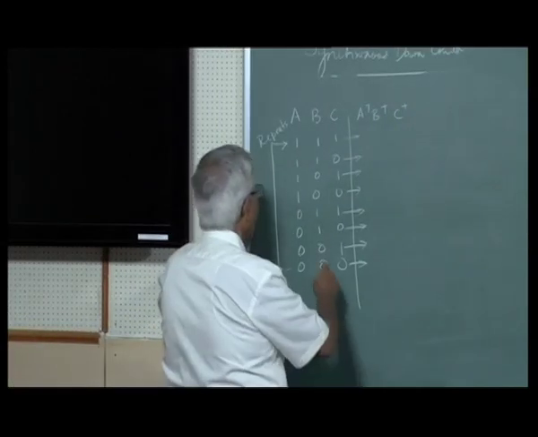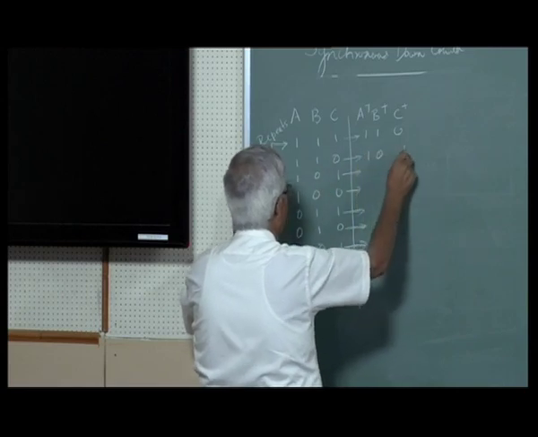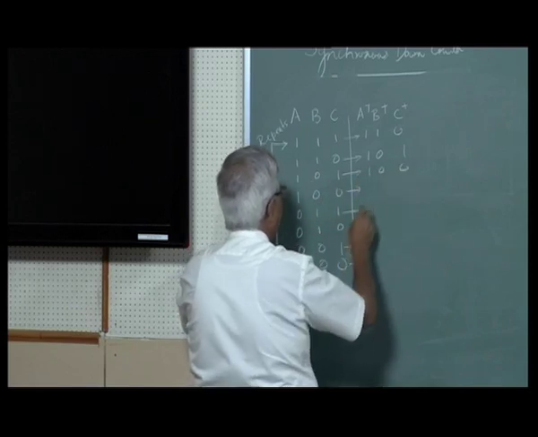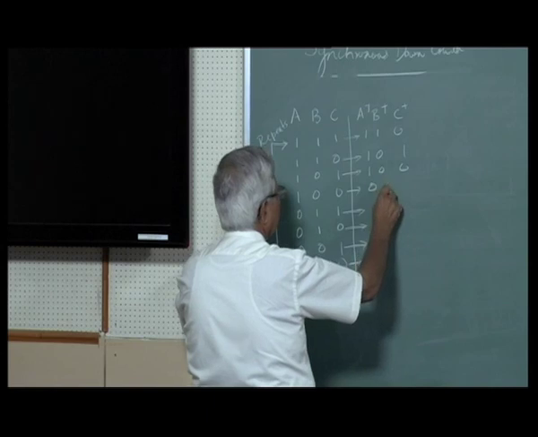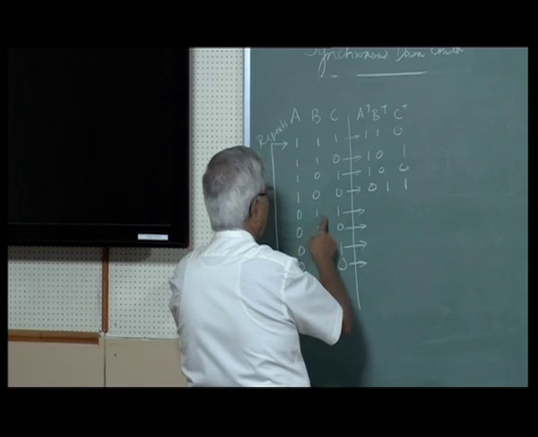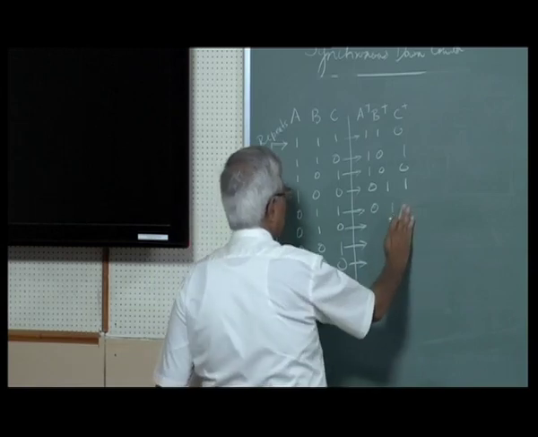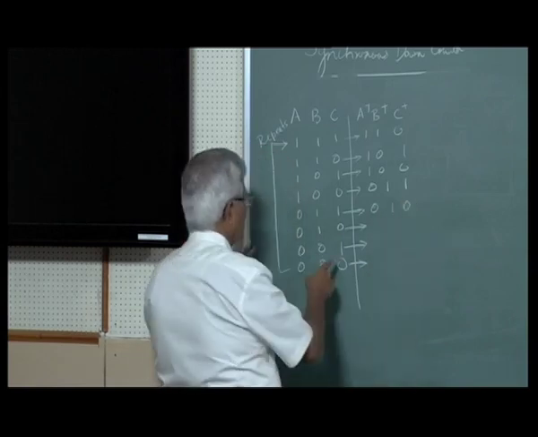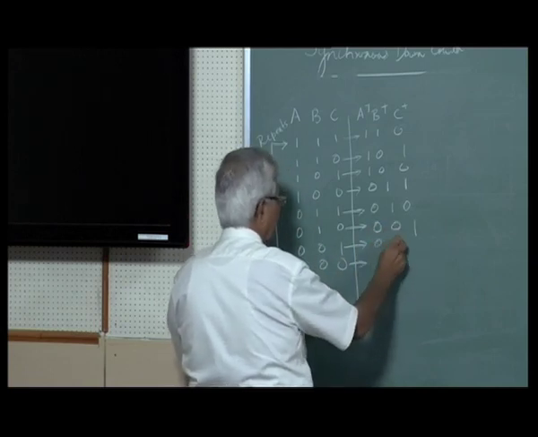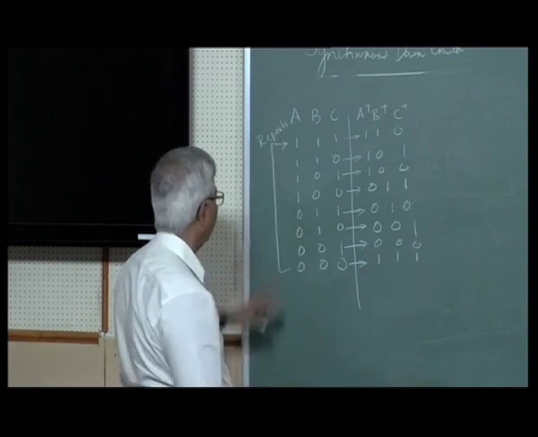So, the present state is 1 1 1, next state is 1 1 0, present state is 1 1 0, next state is 1 0 1, present state is 1 0 1, next state is 1 0 0, present state is 1 0 0, next state is 0 1 1, 0 1 1, next state is 0 1 0, 0 1 0, next state is 0 0 1, 0 0 1, next state is 0 0 0, and 0 0 0, next state is 1 1 1. Then it will go from this to this and back.